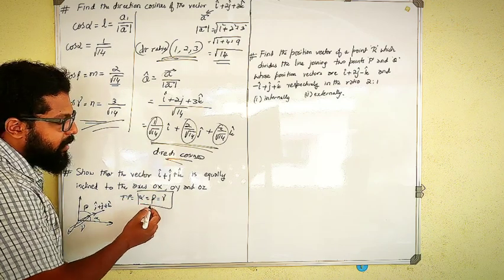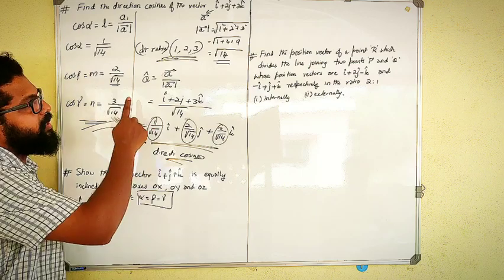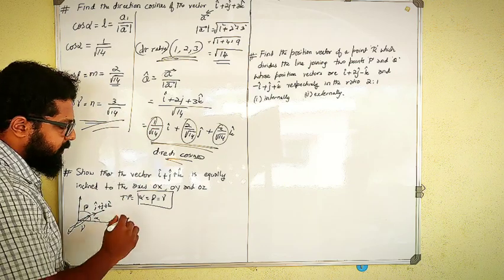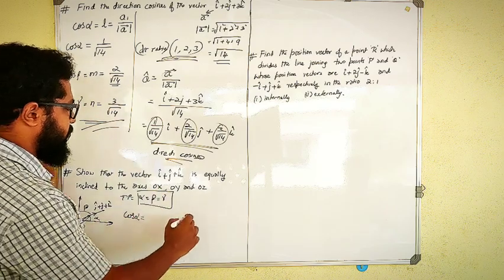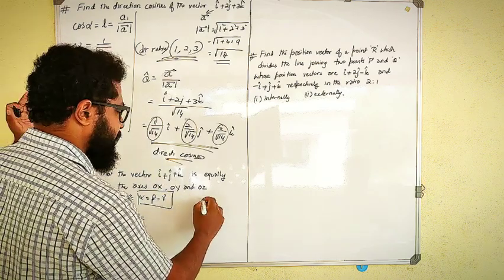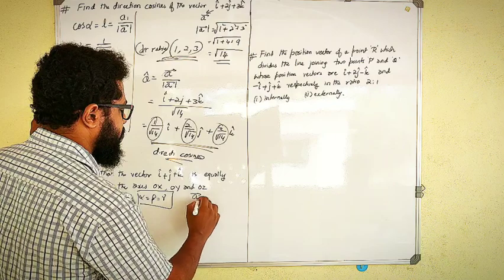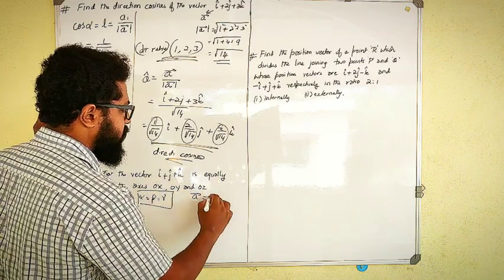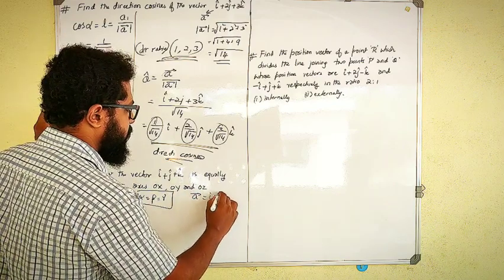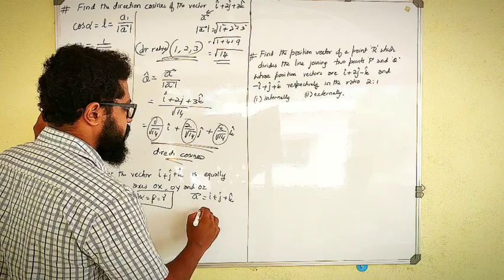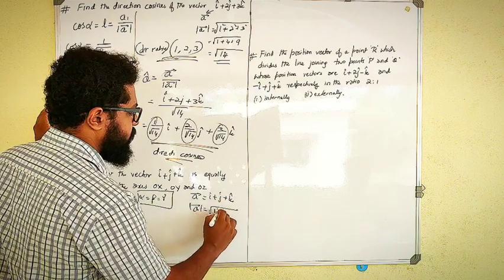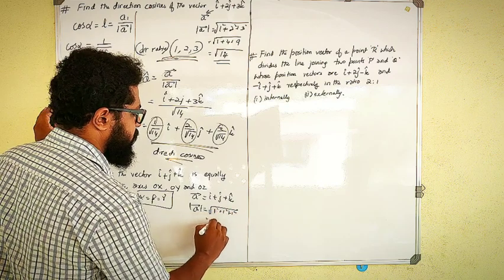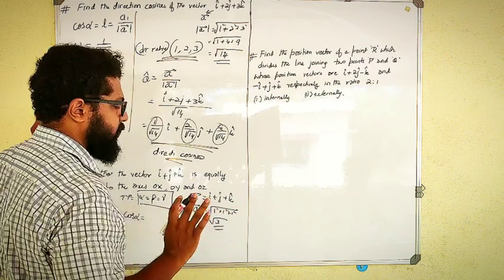This I'll prove with the help of direction cosines. So first I will find out what is cos alpha. That is my first component divided by magnitude. You can name this vector as anything you want. Let a vector be i plus j plus k. Then magnitude of a vector is root of 1 square, 1 square, and 1 square, that is root 3.